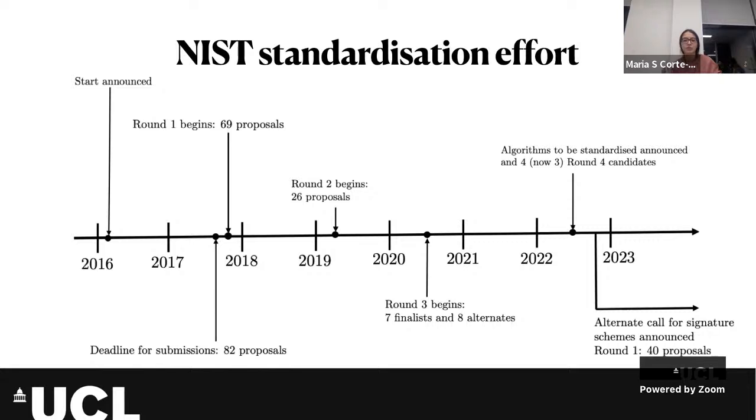No, 4 of them are round 4 candidates. But now there are only 3 round 4 candidates because one of them was SIKE, which was broken. I see. So there are 4 round 4 candidates which are considered for future standardization. But only 1 key exchange was standardized, and then there were 3 signature schemes that were standardized. Okay. Thanks.